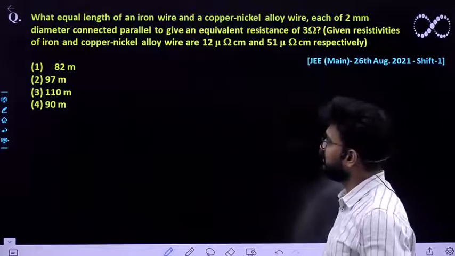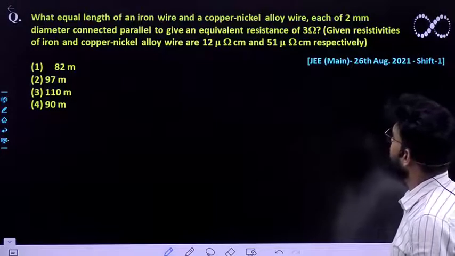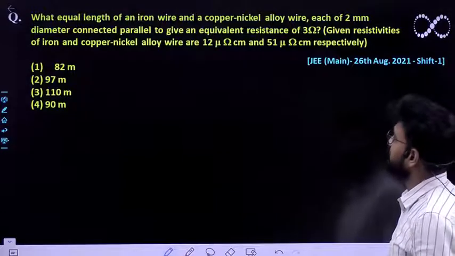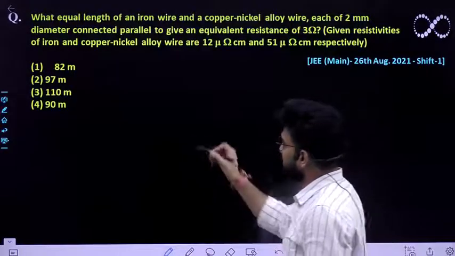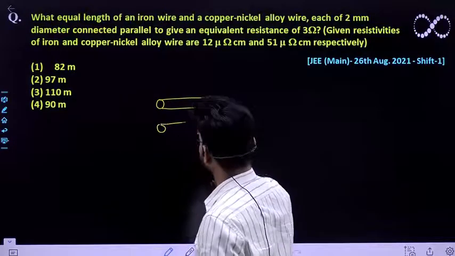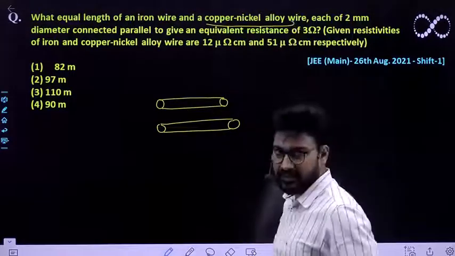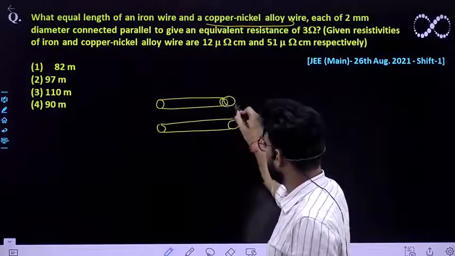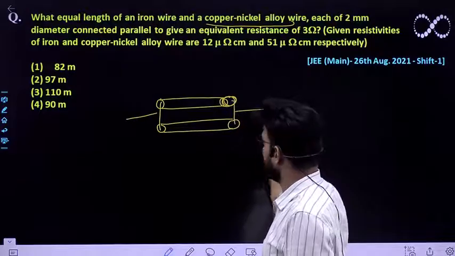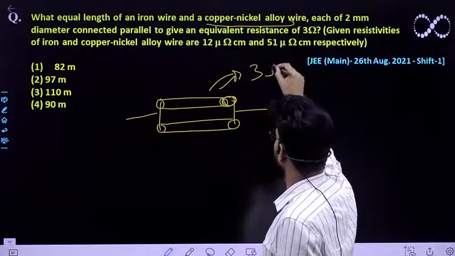What equal length of an iron wire and a copper nickel alloy wire, each of 2 mm diameter, connected in parallel to give an equivalent resistance of 3 ohm? So you have to connect the two wires, iron as well as nickel and copper alloy, parallelly, so that the equivalent resistance comes out to be 3 ohm.